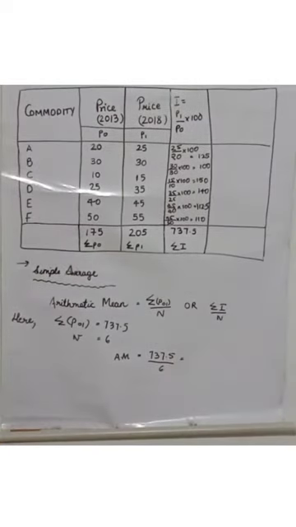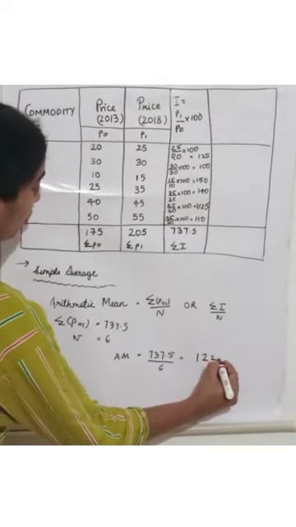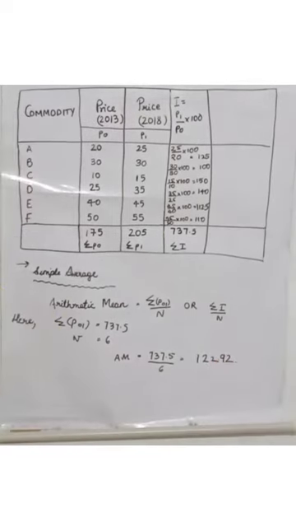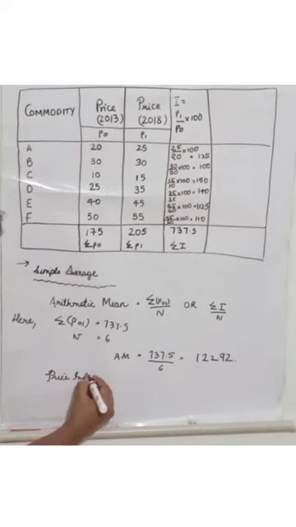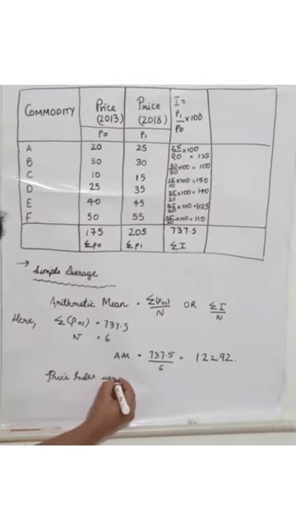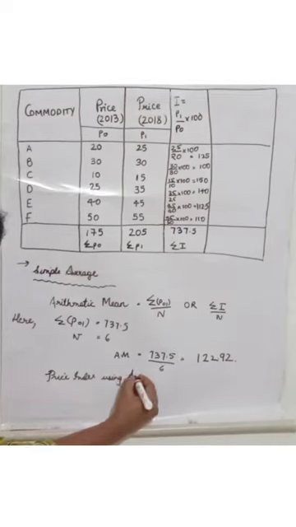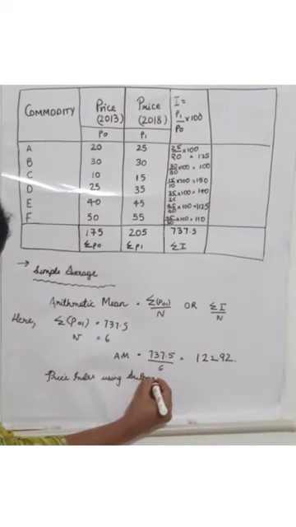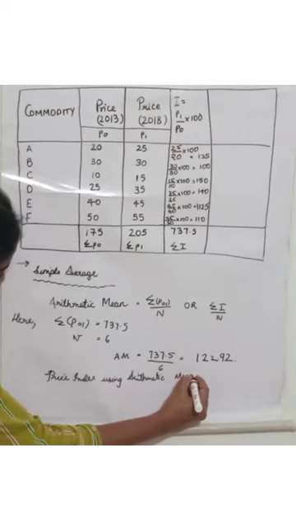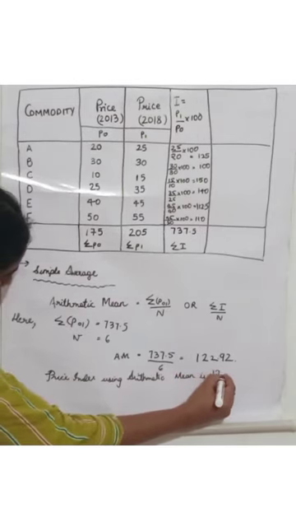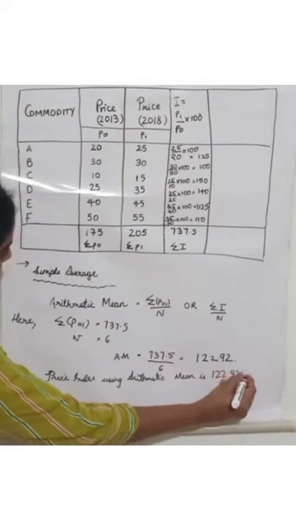The answer we get is 122.92. So the final answer we will write as: price index using arithmetic mean is 122.92.